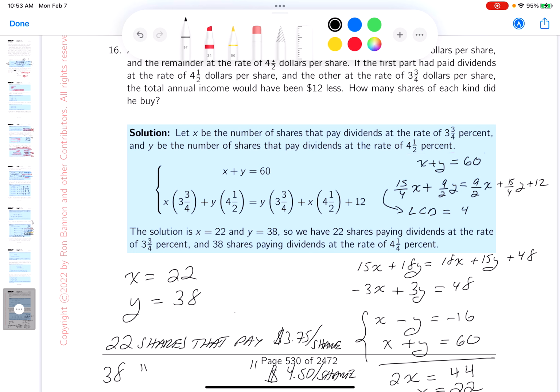So it says solution x is 22, y is 38. I got that. So 22 shares paying a dividend of $3. It's not percent though. It's $3.75 per share, and then 38. So good. But I'll make the corrections over here. I'll correct the wording. Again, thanks for paying attention. Appreciate it.